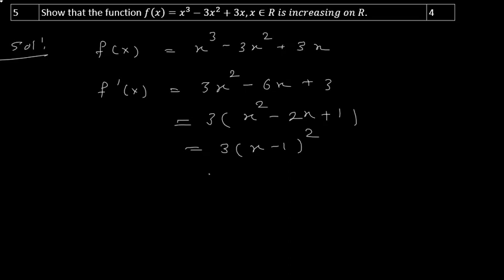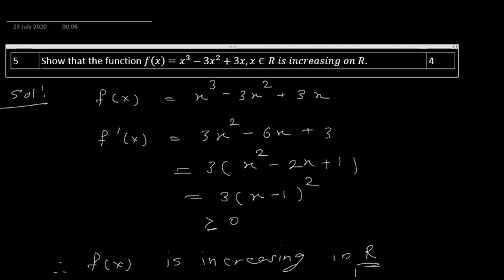This value is always greater than or equal to 0. So therefore I will say that f(x) is increasing in R. Okay, so this last problem, the 5th question, is very simple, right?